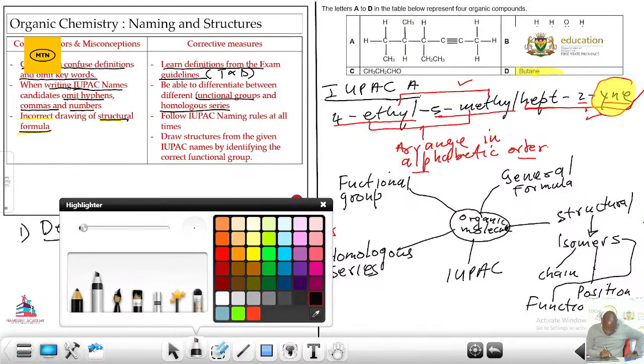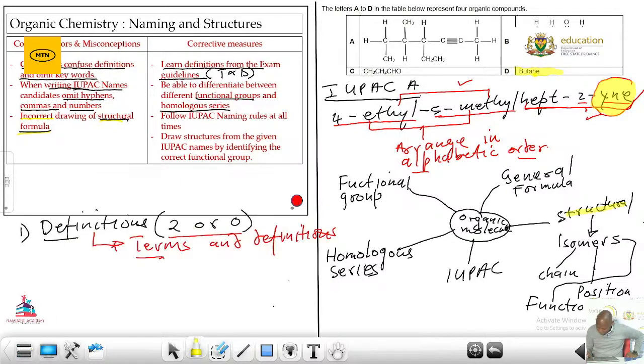If I am given a structure, for instance, let's look at B for the purpose of this explanation. I am given a structure. What are the possible questions that can come from being given a structure in this specific table?